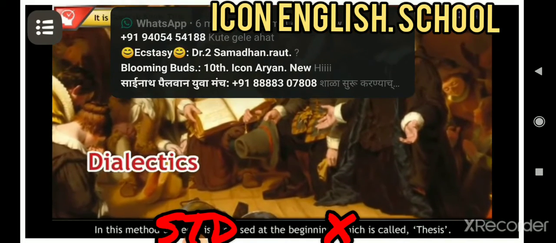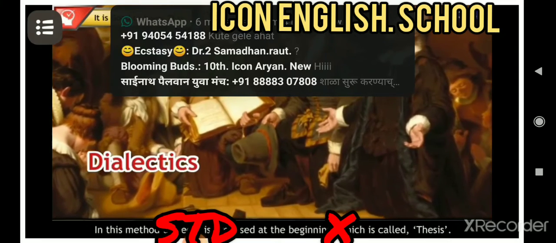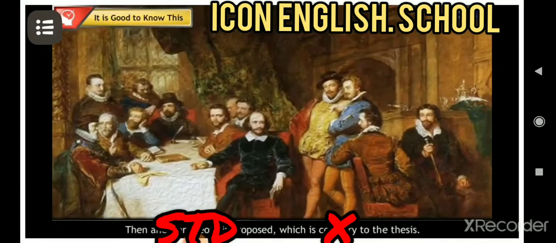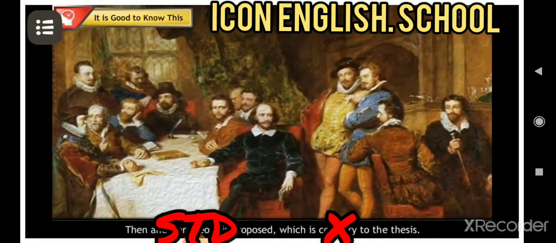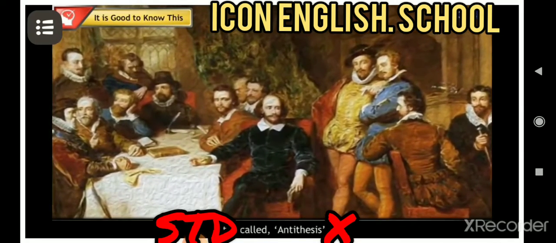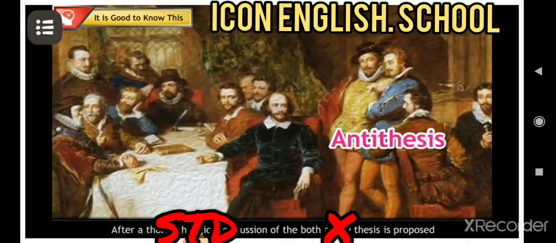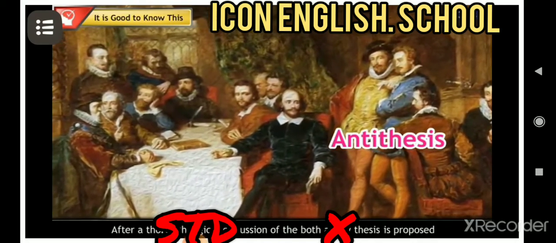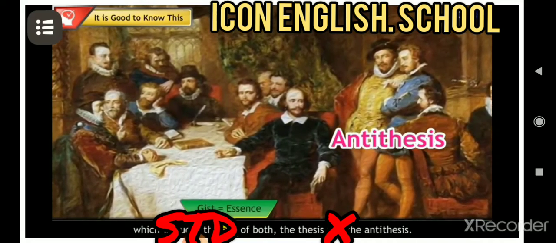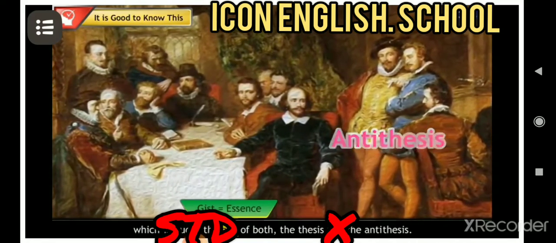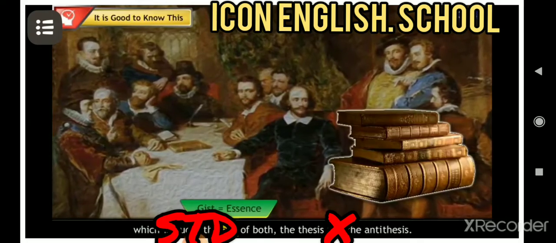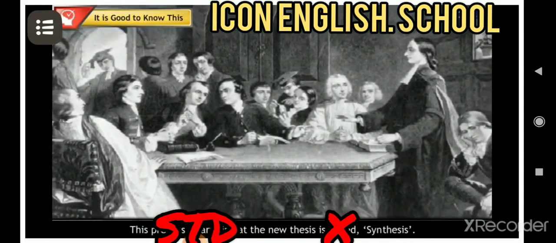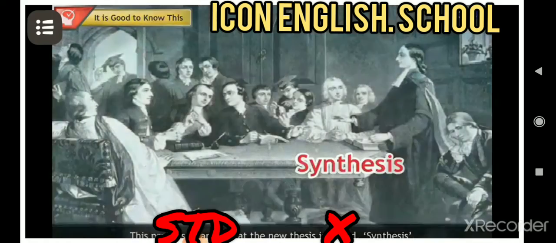In this method, a theory is proposed at the beginning, which is called thesis. Then another theory is proposed, which is contrary to the thesis. It is called antithesis. After a thorough logical discussion of both, a new thesis is proposed, which includes the gist of both the thesis and the antithesis. This process of arriving at the new thesis is called synthesis.